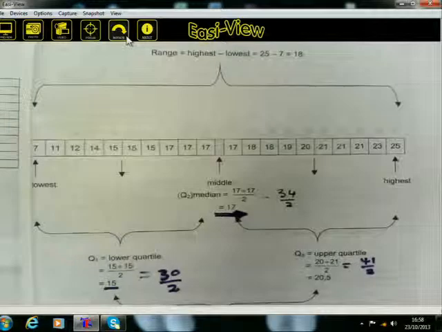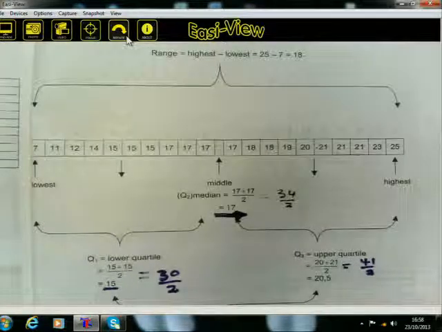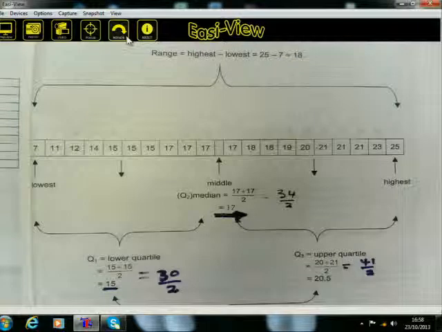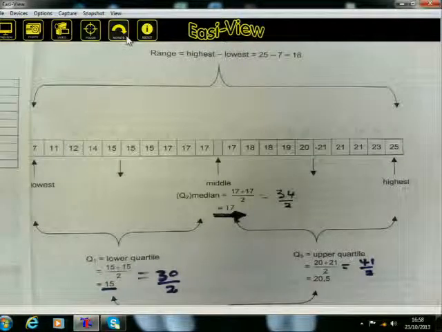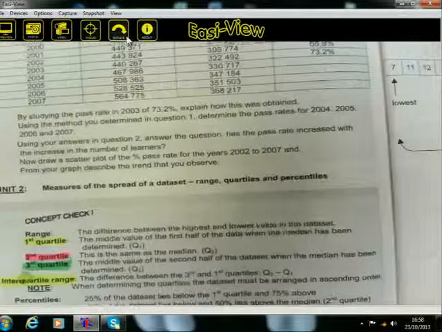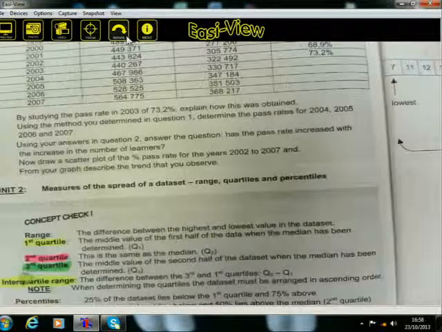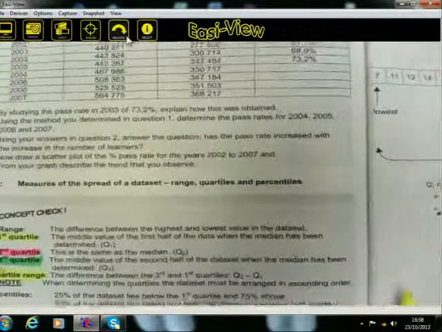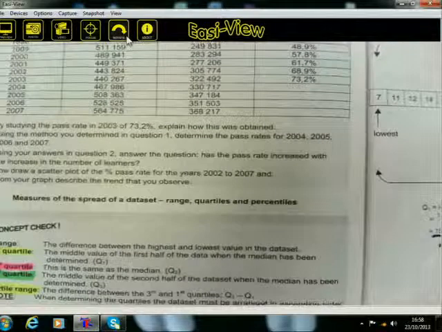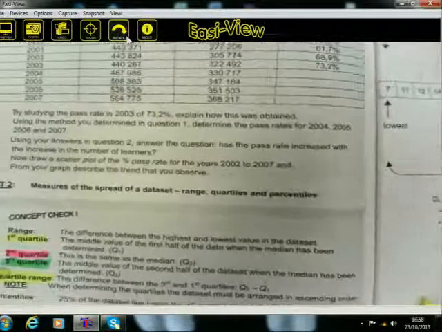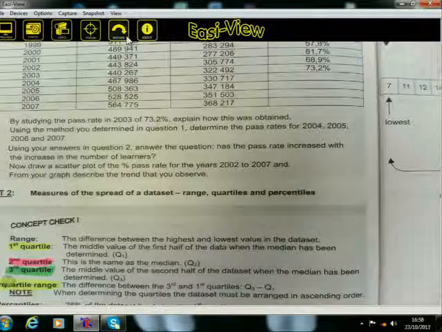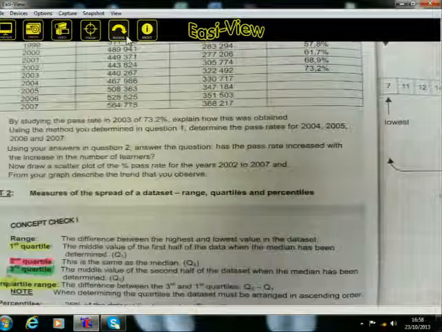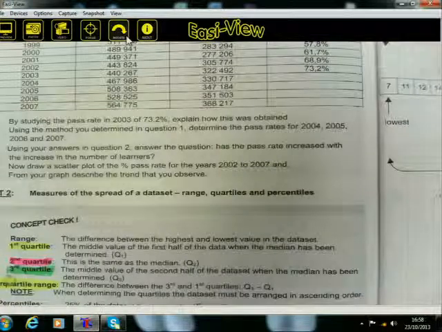That's correct. Now, that leads us again to talk about what is called the interquartile range. What is the interquartile range? Remember, what did I say about the range? We said the range is the highest number minus the lowest number.